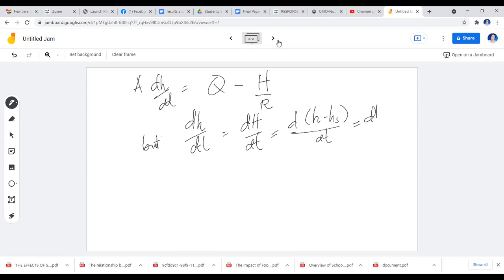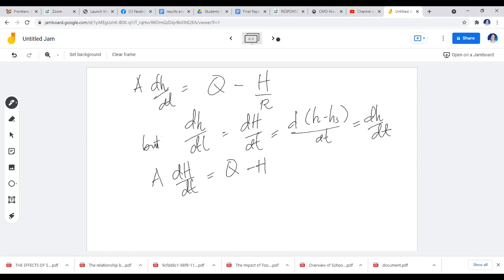So your d capital H then is just equal to your d small h, as you can see in here. So I'd like to change this one now to capital H, and you have now everything in deviation variables.